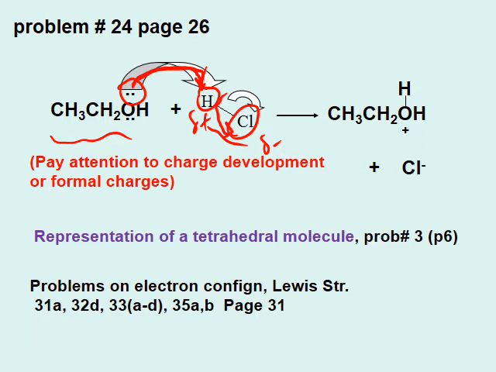When it receives this electron pair from oxygen of alcohol, it breaks this bond and gives its electron pair onto Cl. So Cl gets separated. And we just have shown you that CH3CH2OH2 gets a plus or plus 1 charge. That's the formal charge. Now, can we understand why Cl is minus 1? Yes, you can write down 8 electrons around Cl.